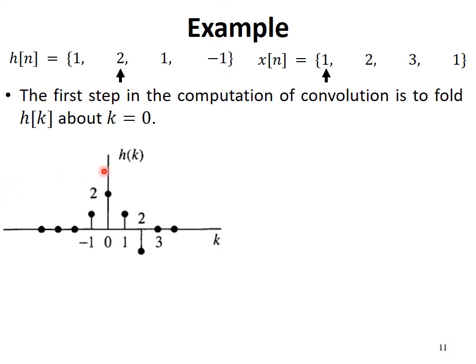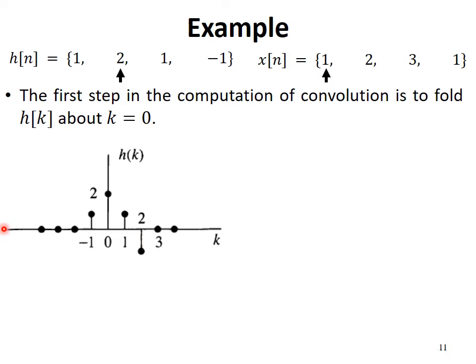So h of k is given by this sequence. It is equal to 2 when k is 0, it is equal to 1 when k is minus 1, it is equal to 1 when k is 1, and it is equal to minus 1 when k is minus 2. Now let us fold it.